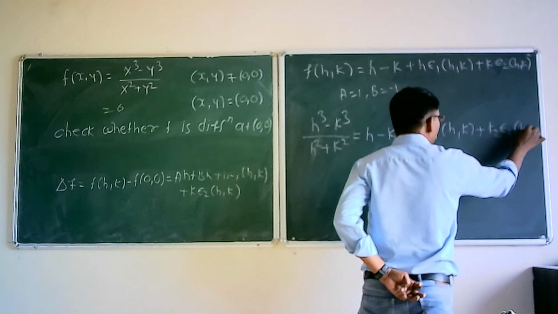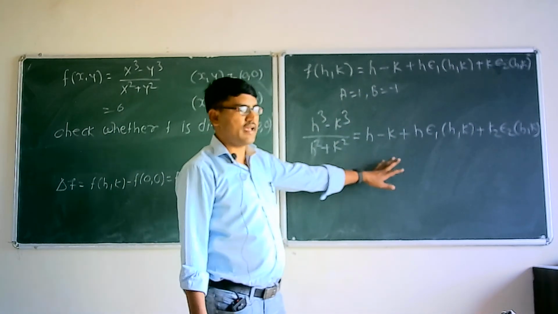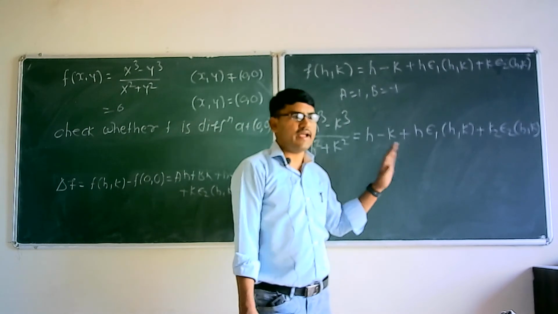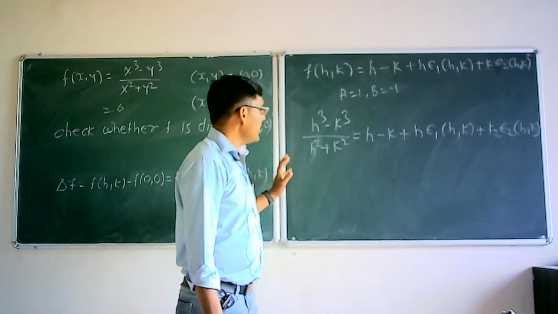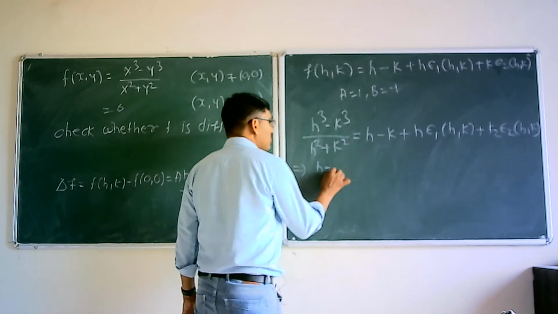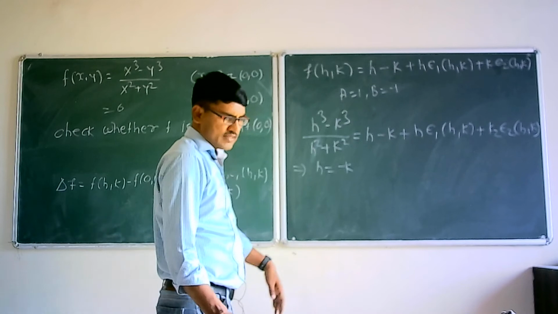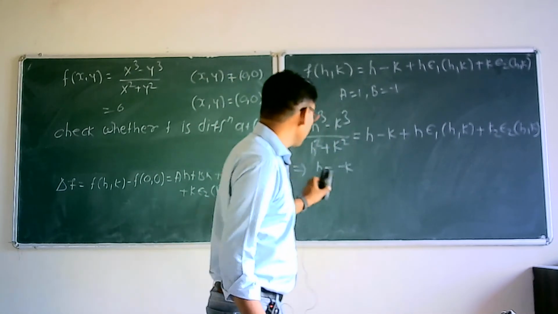Now if the given function here is differentiable, then this can be written in this form for every h and k. If it is true for every h and k, then it is also true for k is equal to minus h.